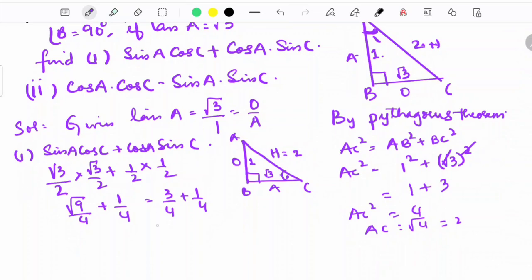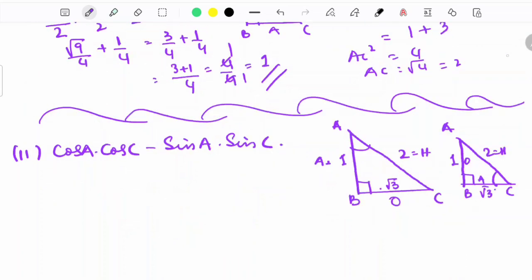Now you can realize that both the denominators are the same, so it is a like fraction. We'll take a common denominator and add the numerators, so that gives me 4 over 4, that is equal to 1 whole. 4 one times, 4 one times. So you got the value of sin A cos C plus cos A sin C as 1.